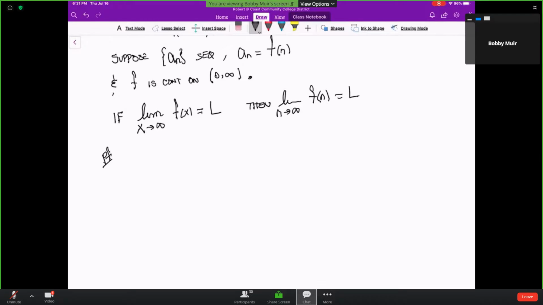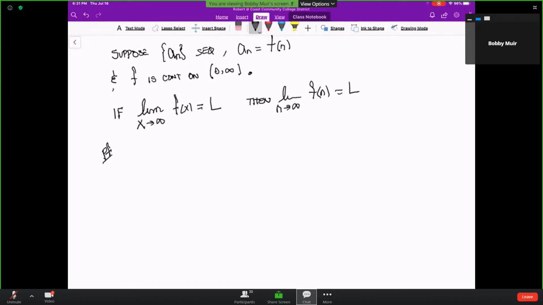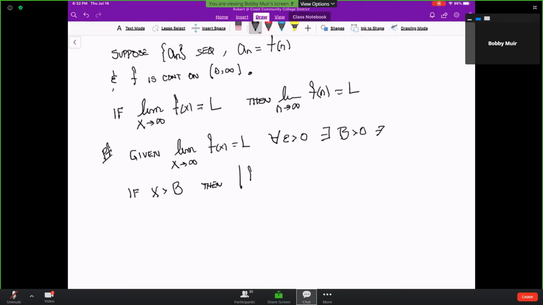Now again, I'm going to do this slow. Try to follow it. Since we're given that the limit as x goes to infinity of f of x is equal to L, for any epsilon bigger than 0, there exists a number b bigger than 0, such that if x is bigger than this big number b, then f of x minus L is less than epsilon.